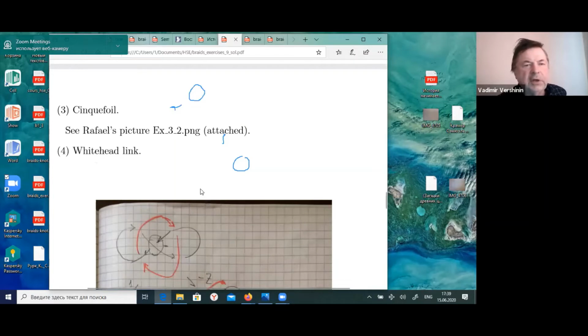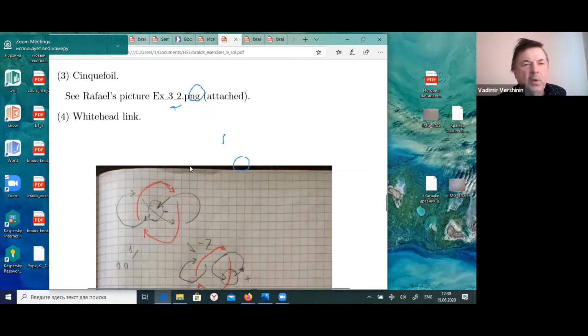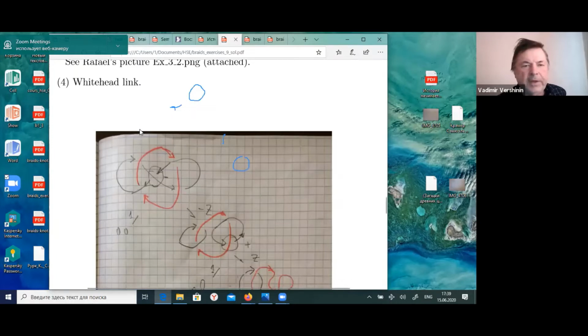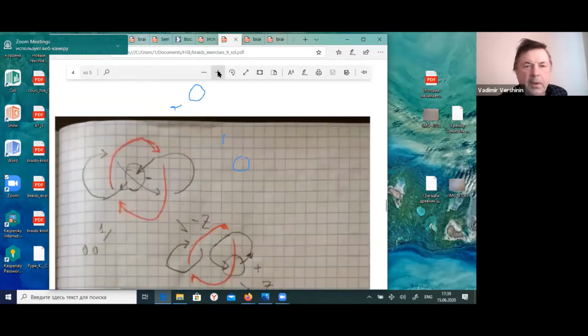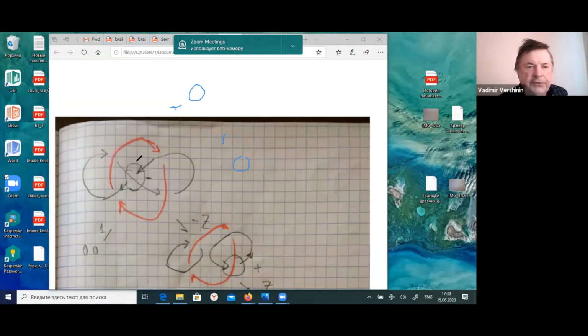So let us now consider the Whitehead link. The same way, I use Raphael's way of calculating. So definitely it is good to resolve here.